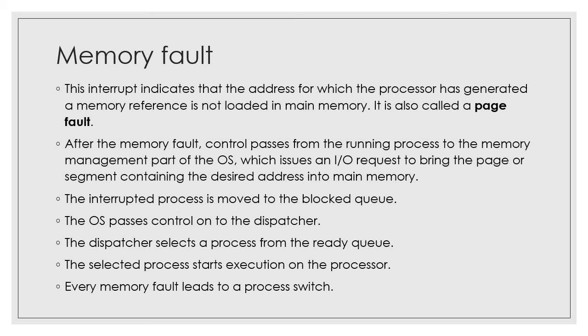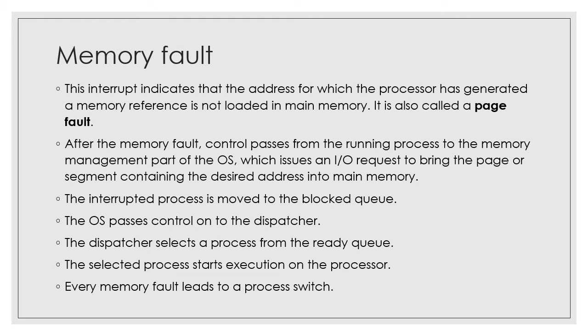After the memory fault, control passes from the running process to the memory management part of the OS, which issues an IO request to bring the page or segment containing the desired address into main memory. Recall that a page or segment is a chunk of the process image.